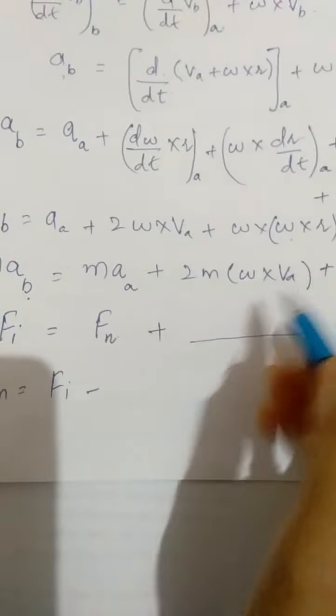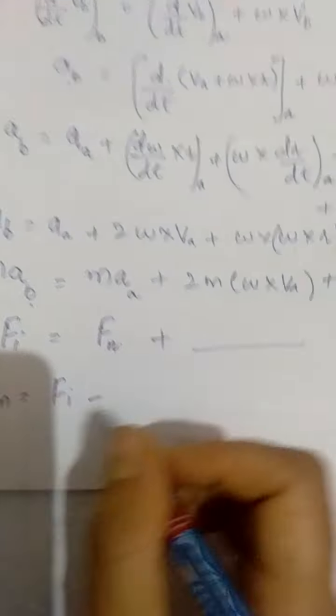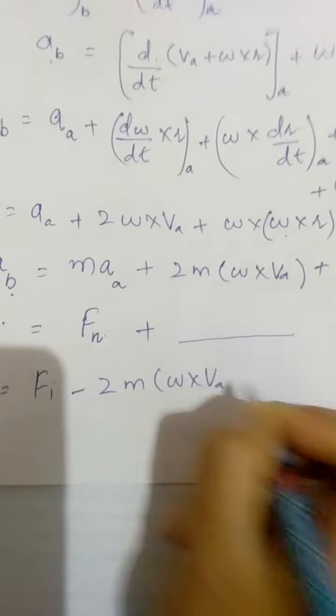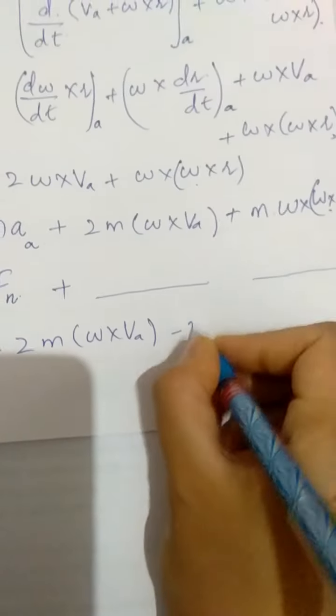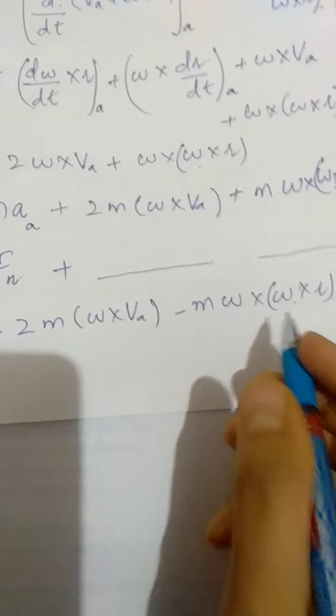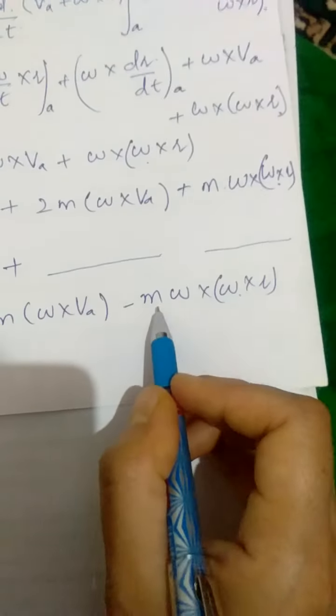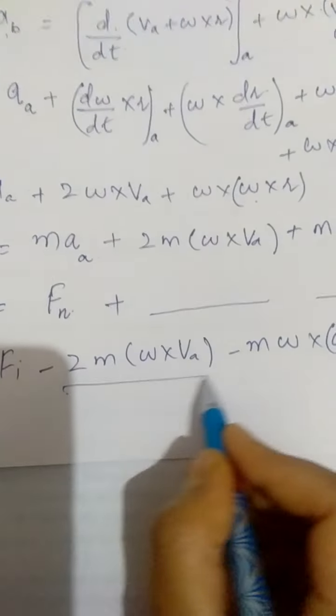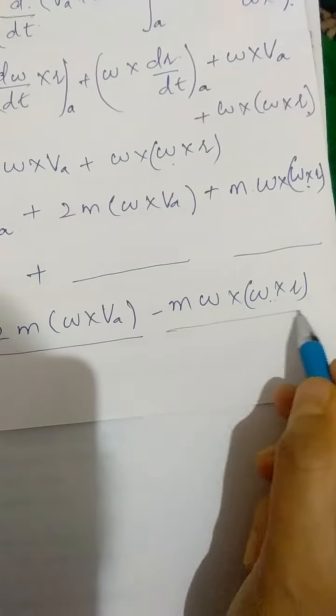So this will be minus, these two terms will be brought on this side, they will be minus 2m omega cross VA minus m omega cross R. If you want to write these terms in terms of magnitude only, we can also write m omega square R, that's all, right?